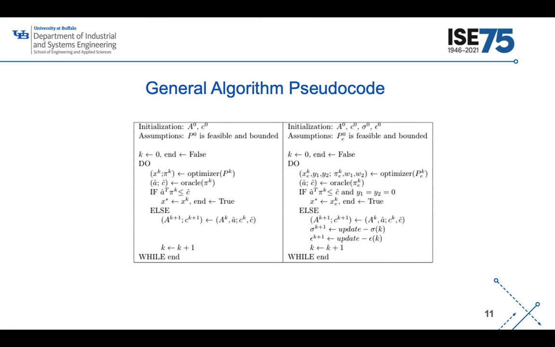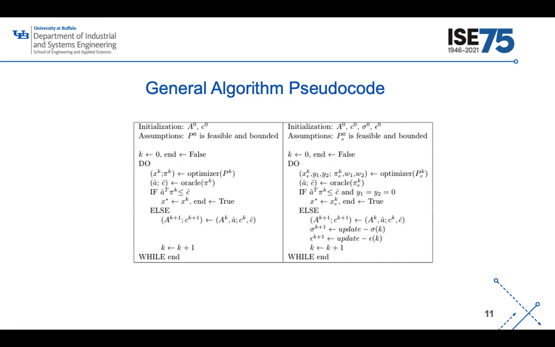The difference with the stabilized is that we also get the y1, y2, and w1, w2 values, which could change the pi and x values as well. So the pi values could be different, but because it's stabilized, the convergence will be a lot quicker. Another key step difference here is that we update the sigma and the epsilons as we go.